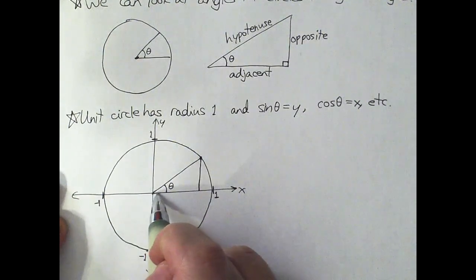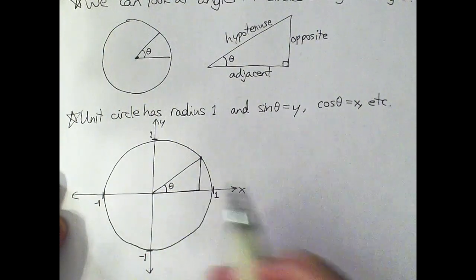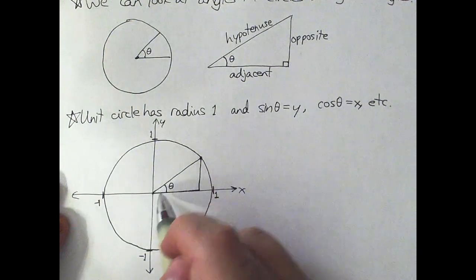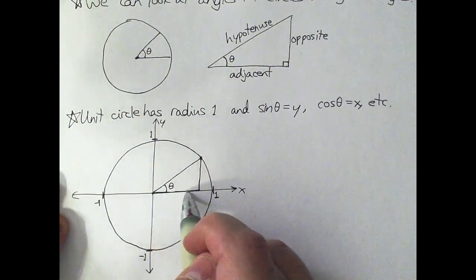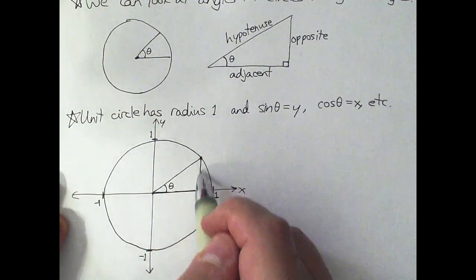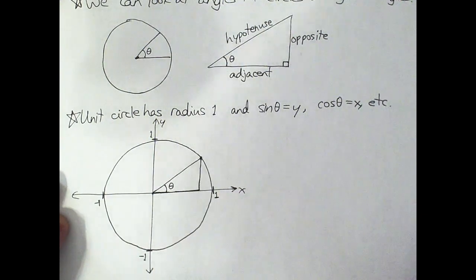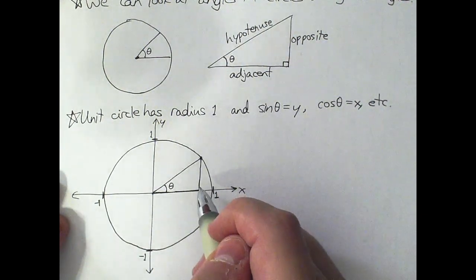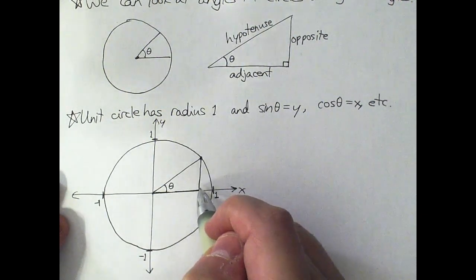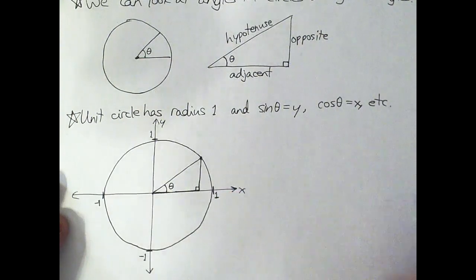So every angle in a unit circle basically forms a right triangle if we do that. We just kind of added this line segment here. It's a right triangle, so I could add this little square here.